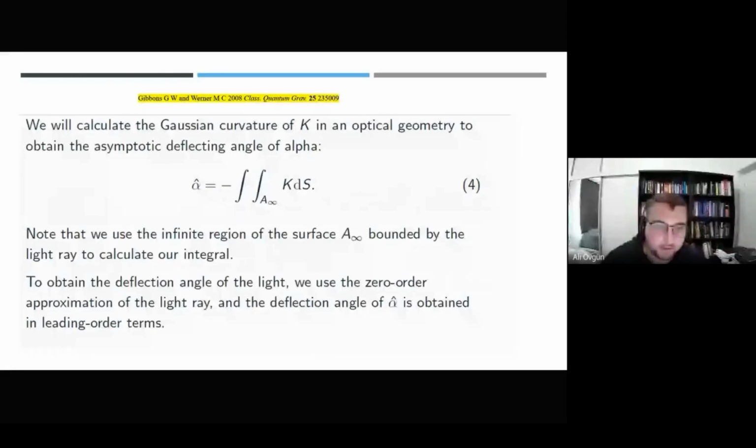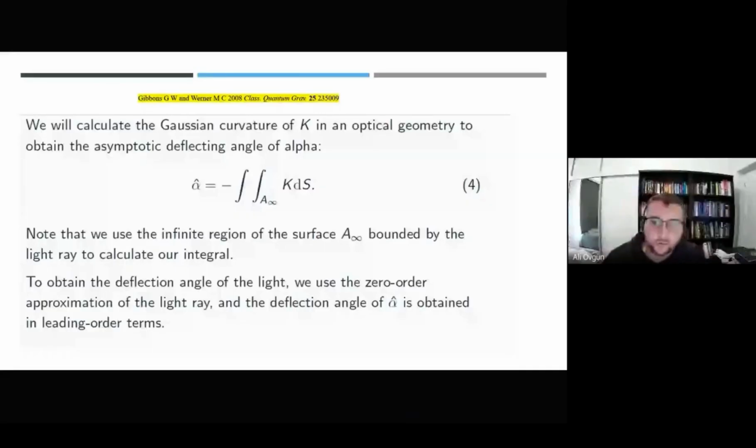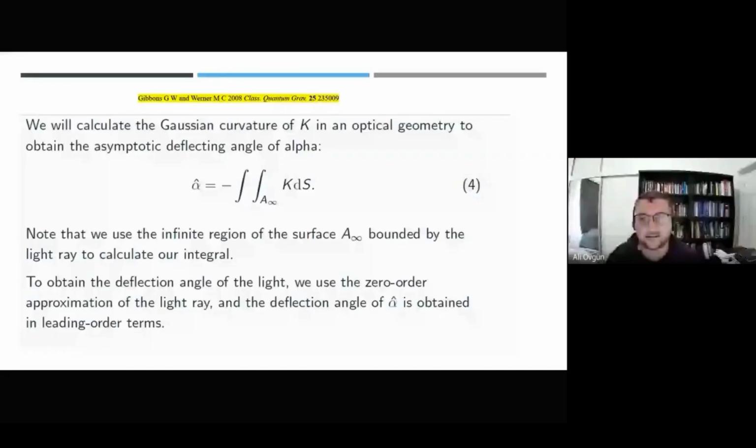You only calculate the Gaussian curvature of the optical metric and take the integral over the infinite region of the surface bounded by the light ray, and you can calculate it in the zeroth order approximation. The topological contribution is therefore essential to the focusing, and in that sense gravitational lensing can be understood as a topological effect.